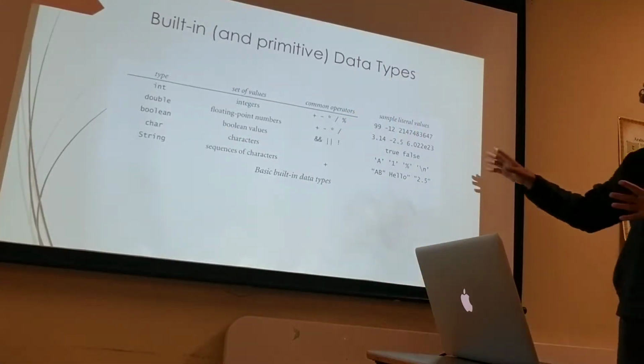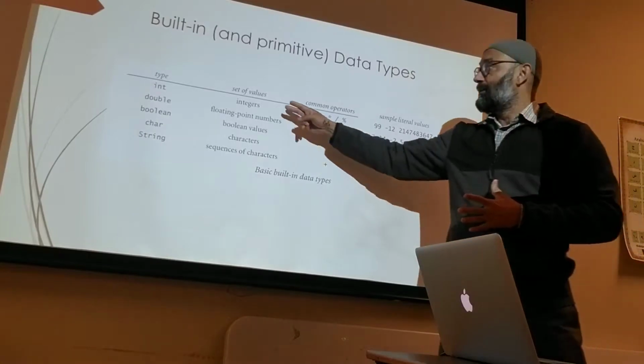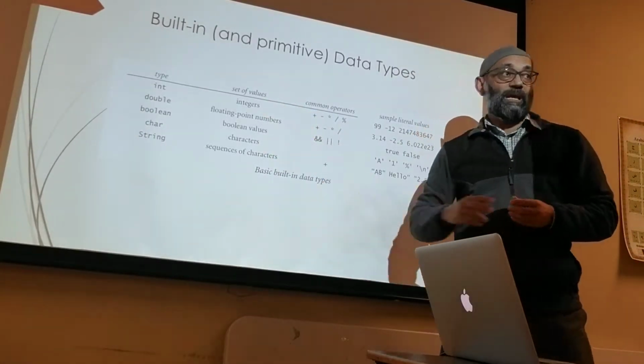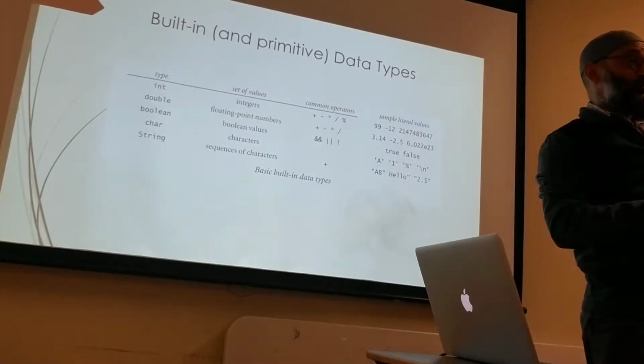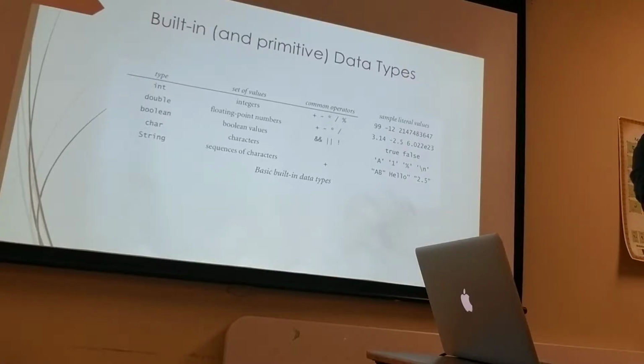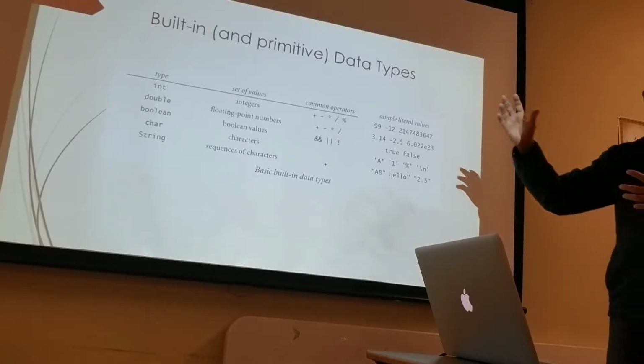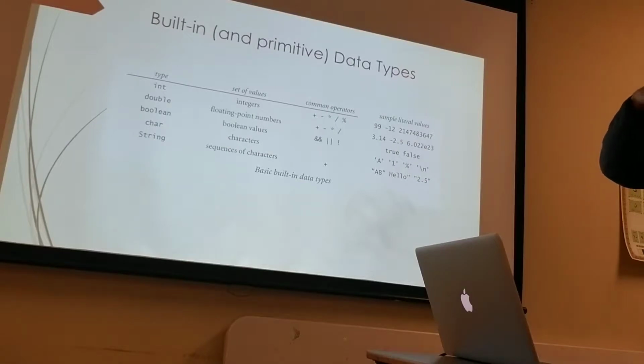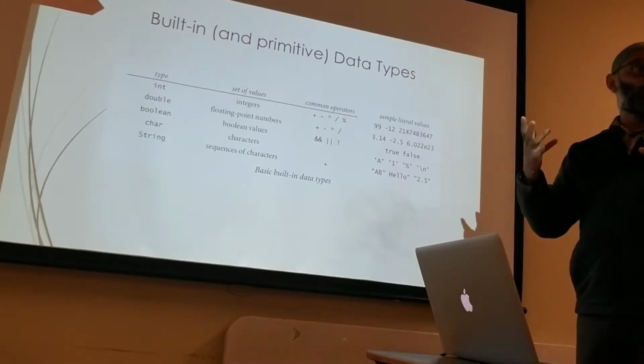Now, these are all different data types that you need in the program to represent data. How we will do it, we will show in a second. We have already seen it a little bit in our first program, but we'll do more on that.